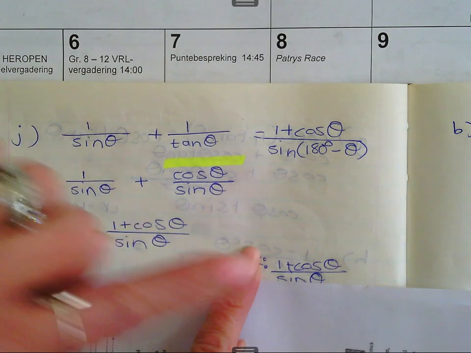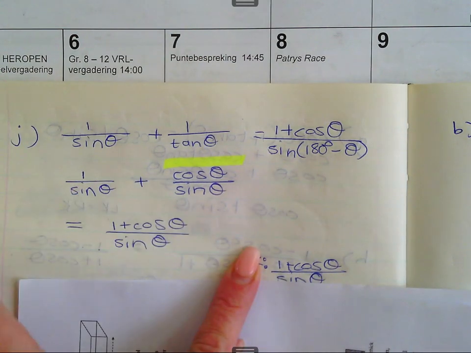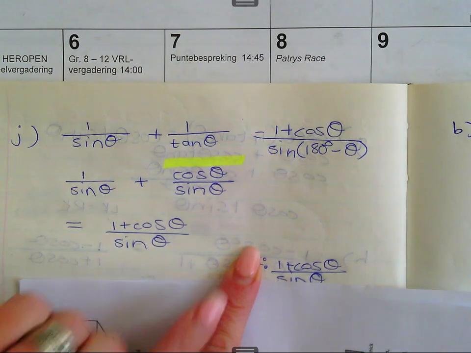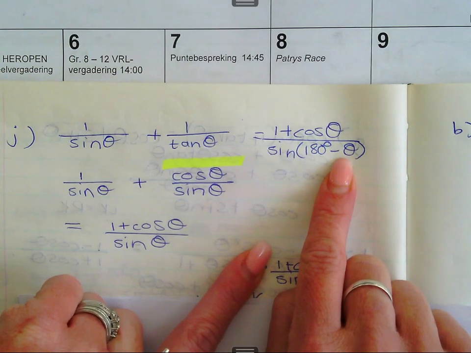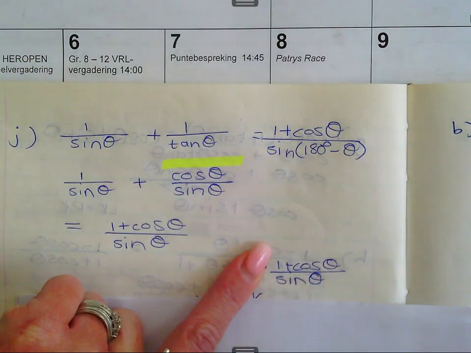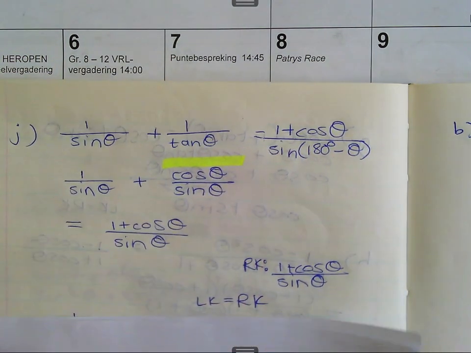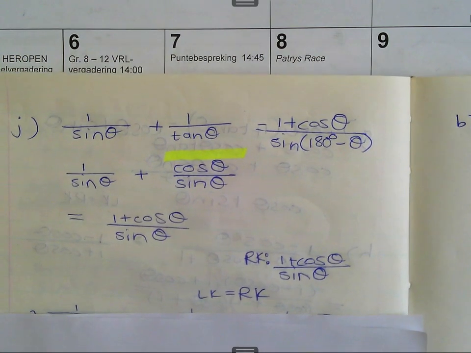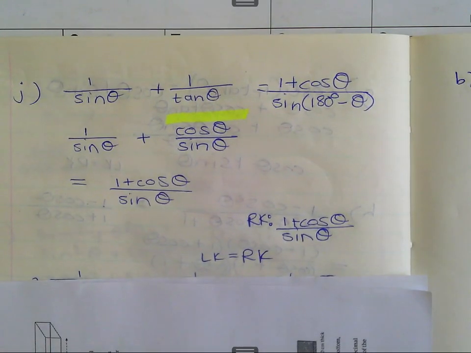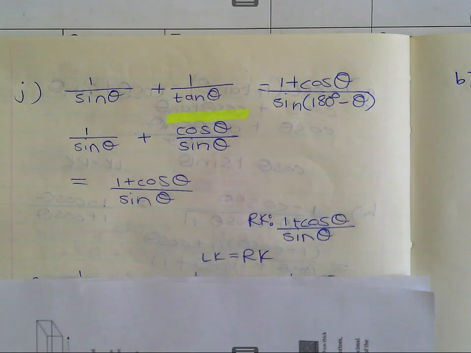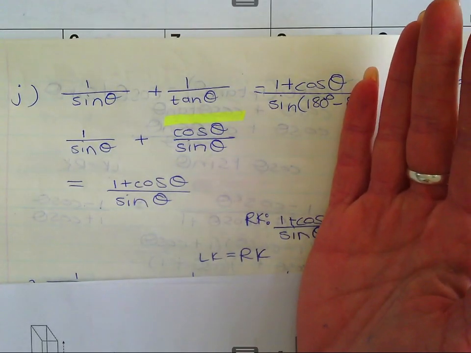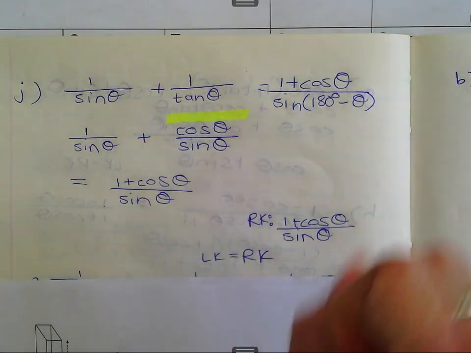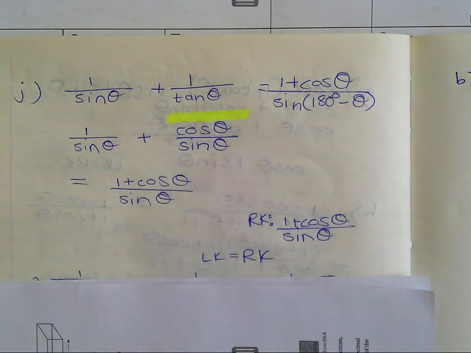Okay, but then on the right hand side. Does it make sense? It seems like you're frowning. Now I'm just saying 180 minus is the second quadrant. In the second quadrant, sin is positive, so it's just sin theta, and then I see that the right hand side is equal to the left hand side. So I just want you to notice, if you were to make a change in the right hand side, it must be separate from things that you are doing on the left hand side.